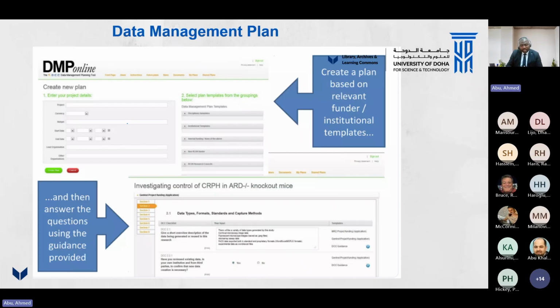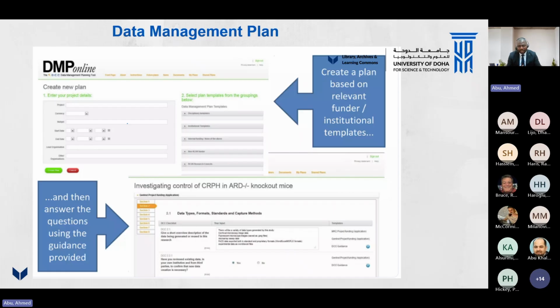There is also a free web-based tool called DMP Online. What DMP Online does is help researchers create, manage, and share their data management plan so that it meets the requirements of research funders and institutions, and it also provides templates from major funding agencies. It has a lot of features, right? You can even incorporate your institutional DMP template.